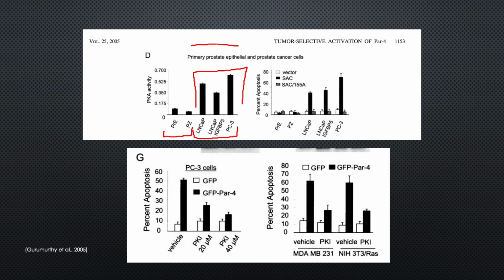In this bottom figure, they used green fluorescent protein, and they labeled it with PAR4, and they used a PKA inhibitor to show that when you inhibit the ability for PAR4 to be phosphorylated, you have this decrease in percent of apoptosis.